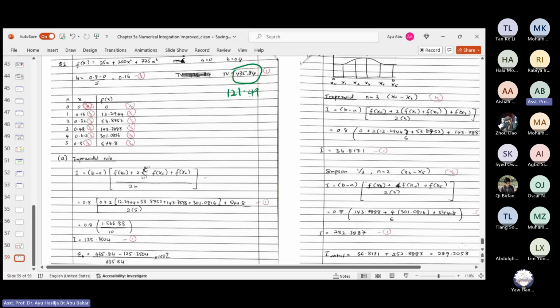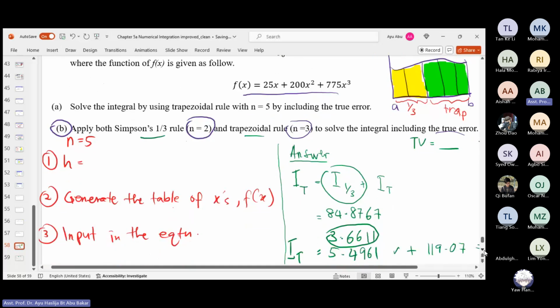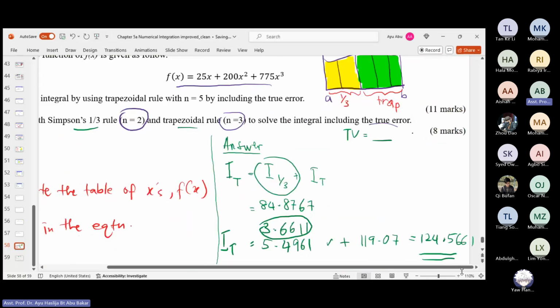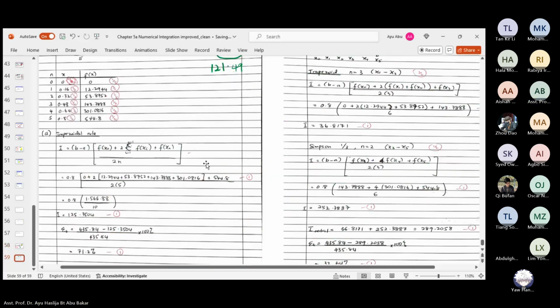Okay, so from what you get of the true value, compare with the approximate value that you calculated. It's approaching the true value. Perhaps my answer is something wrong. I think I keyed in the equation wrongly. That's why I get this.